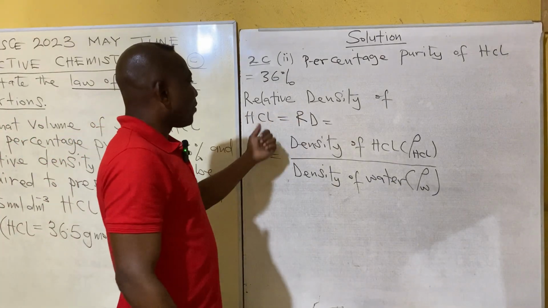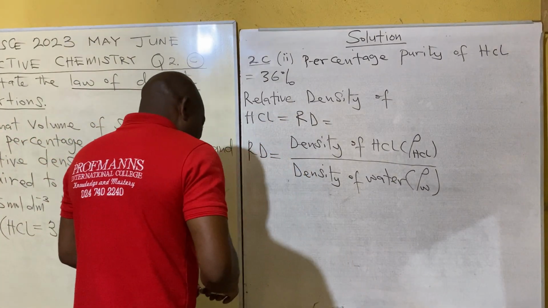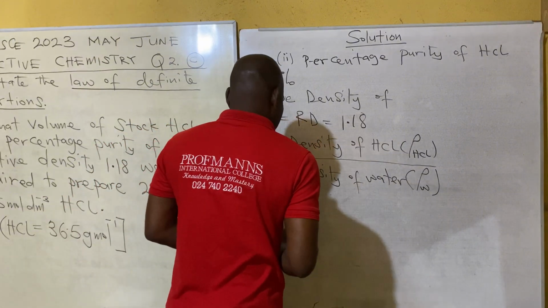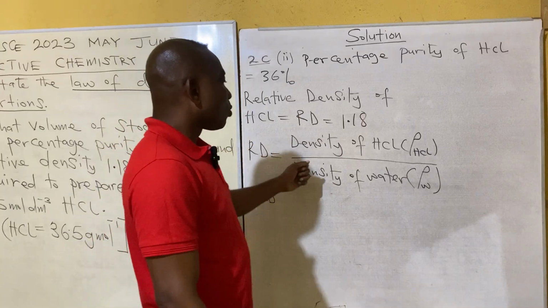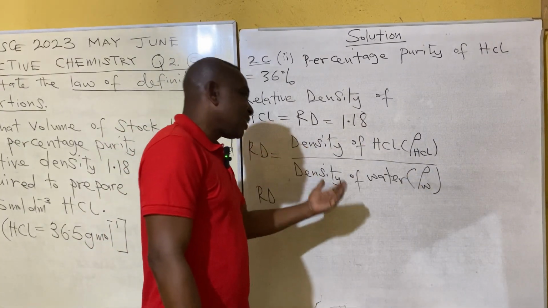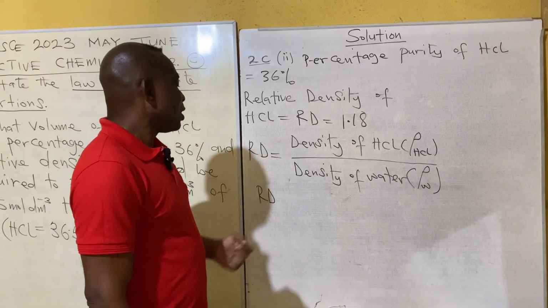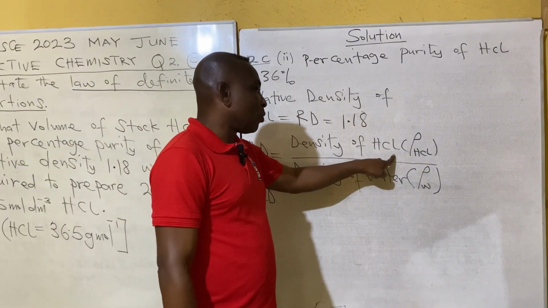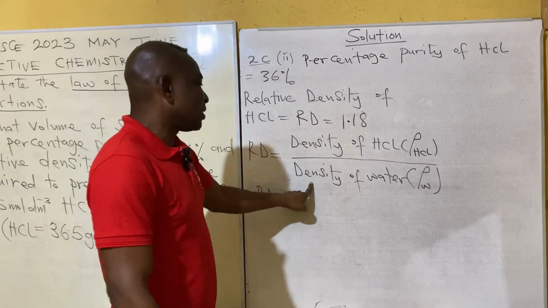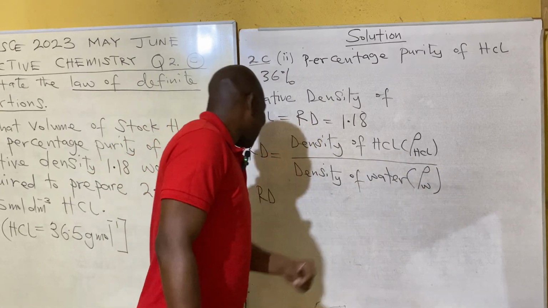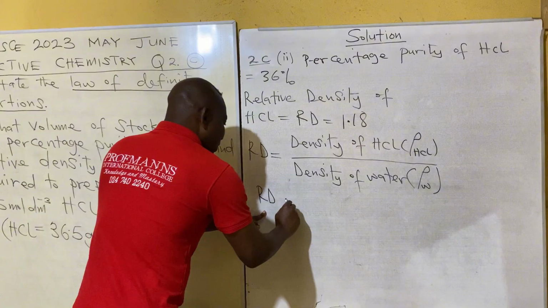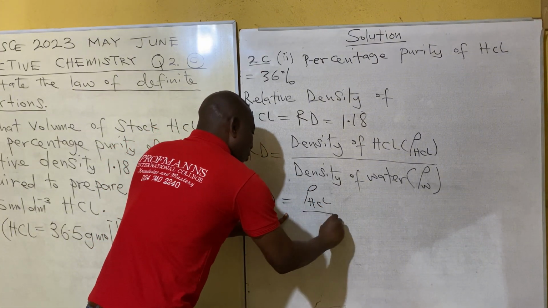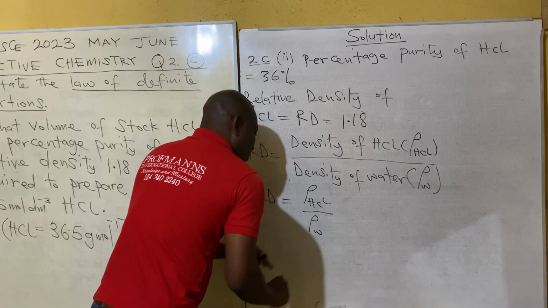Relative density of HCl, according to the question, is 1.18. Relative density is equal to density of a substance over density of equal volume of water. So relative density is equal to density of HCl over density of water.